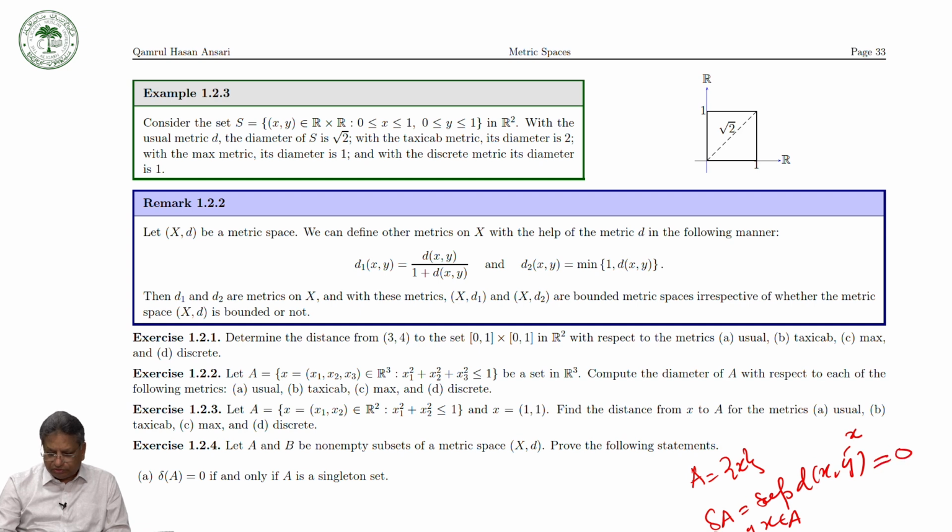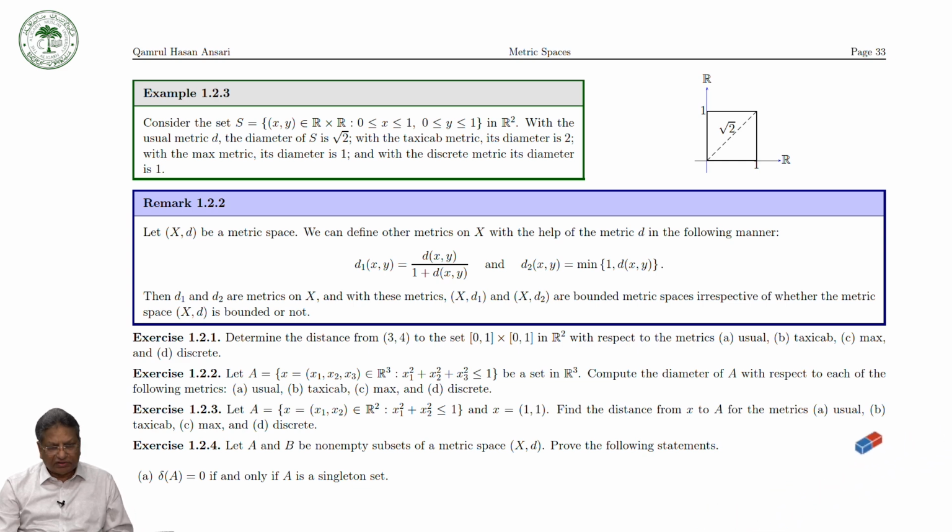So the diameter of A is always equal to 0. Thus we can prove that the diameter of a set A is 0 if and only if it is a singleton set.